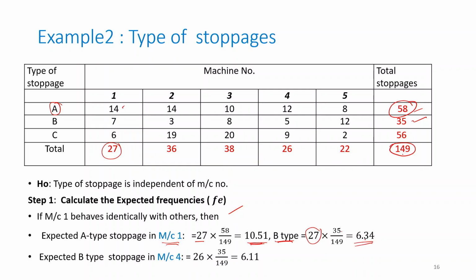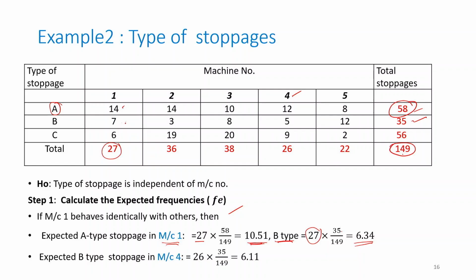So expected B type of stoppage of machine 1 should be, here we should write 6.34, that is the expected value. I can take another, let us say machine 4. So this machine we have chosen, and we are saying B type of stoppage of machine 4.